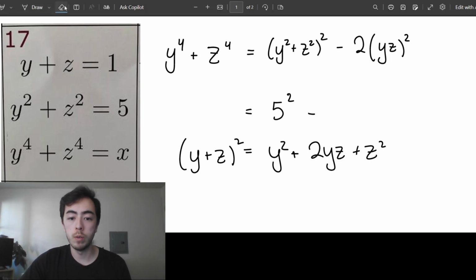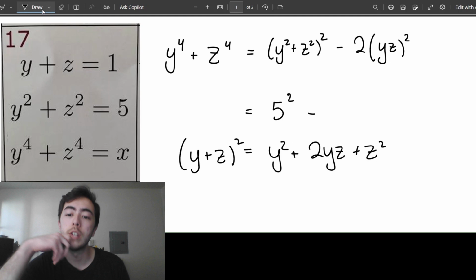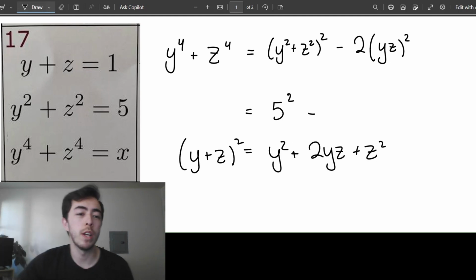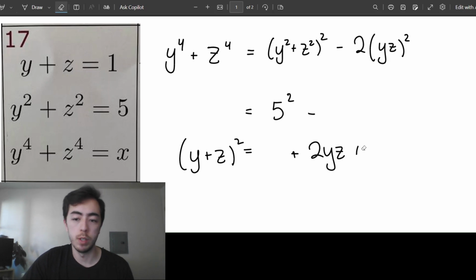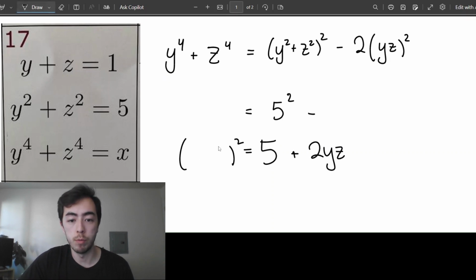And we know that y squared plus z squared is 5, so we'll substitute that and put a 5. And then y plus z is just 1, and so we can replace that with 1.